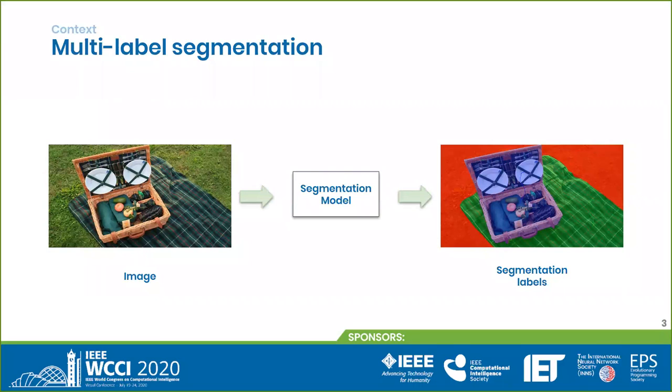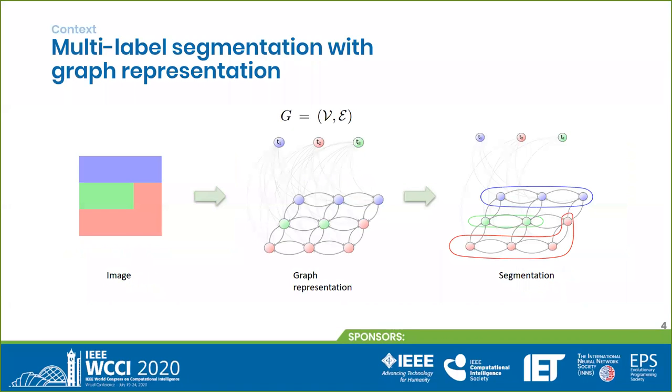This problem consists of dividing an image into a set of regions where each pixel of the image is associated with a label. In this work, we explore a segmentation model based on a graph representation.